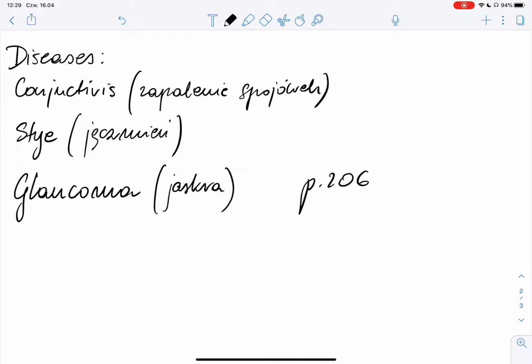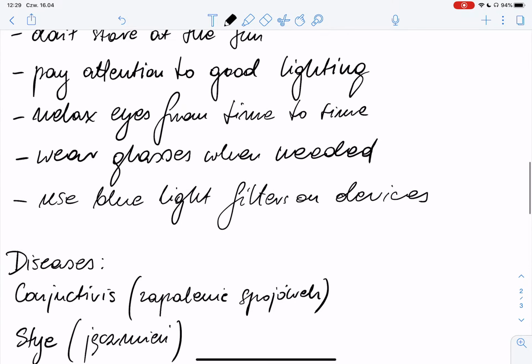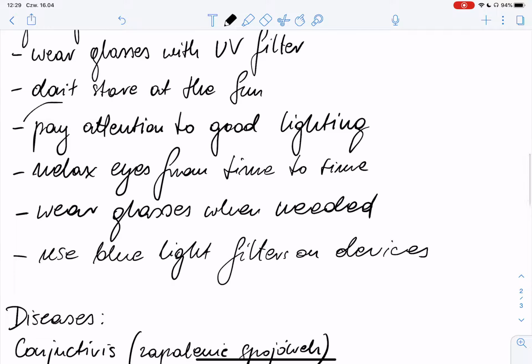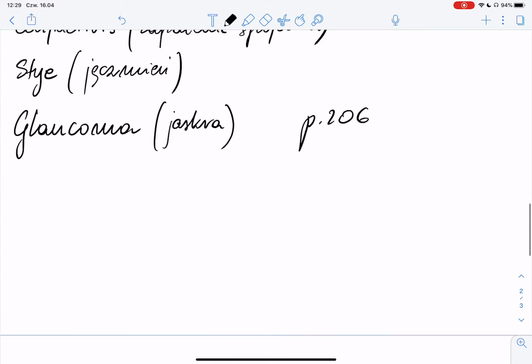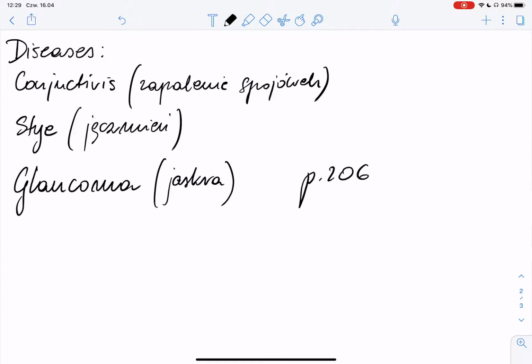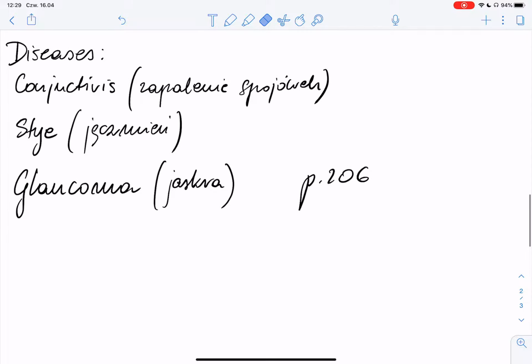The best way to avoid it is basically paying attention to good lighting of your workplace. So the thing that I mentioned in here. And also diet is important. Diet is important in the meaning of eating enough products with vitamins A and E, which basically support vision. Another disease is cataract.